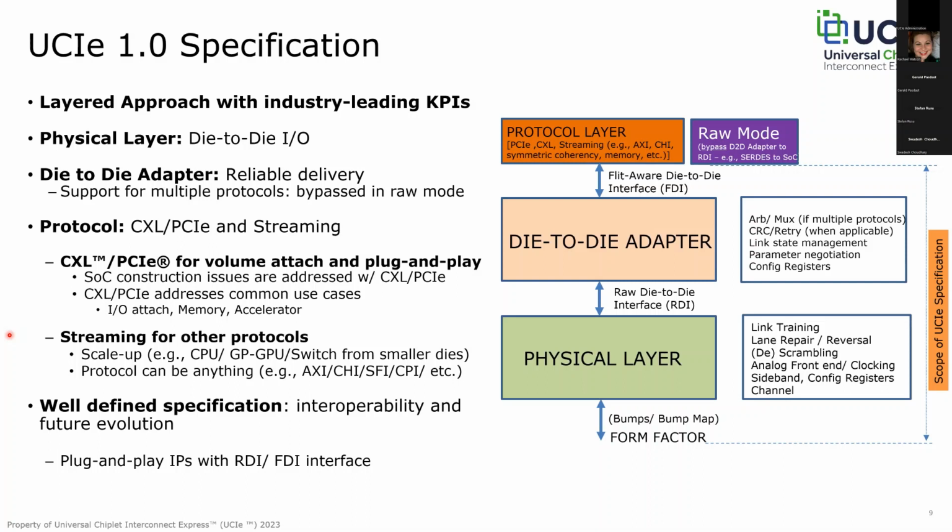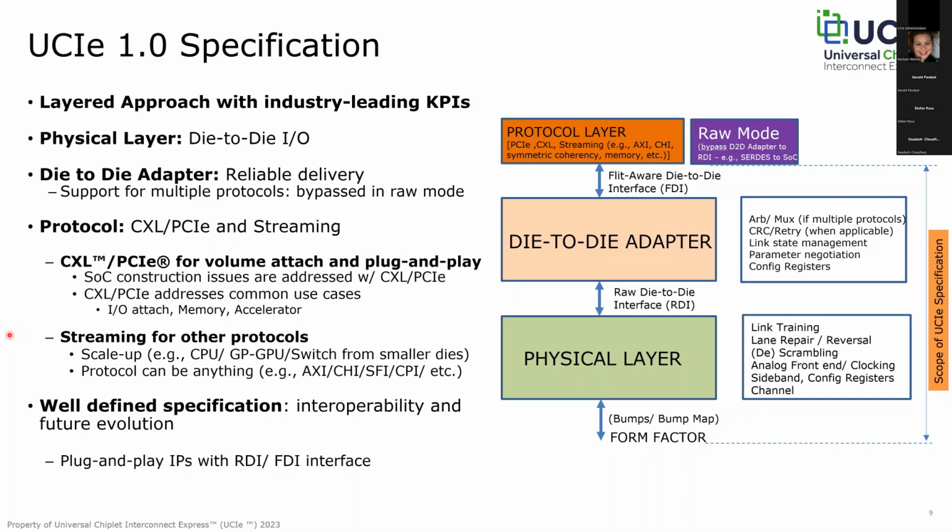It contains the support for multiple protocol mapping to the physical layer. And of course, there is the protocol layer flexibility above that. We've launched the specifications with CXL and PCIe for volume attach and plug and play. CXL and PCIe can address common usage cases such as .mem, .io, and accelerator attach, with multiple different versions you can do.